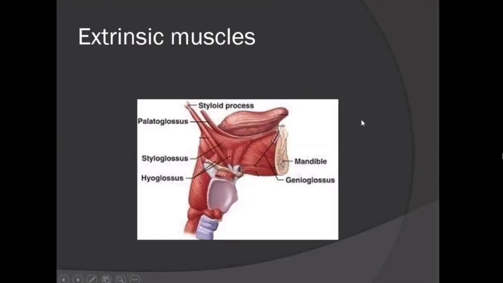Similarly, you have so many other muscles like styloglossus here, and then palatoglossus. They are directed upwards, so when they contract, the tongue will be elevated. Similarly, you have styloglossus and hyoglossus, which are running downwards, so they will be retracting the tongue downwards. So together they perform different kinds of functions according to their directions.